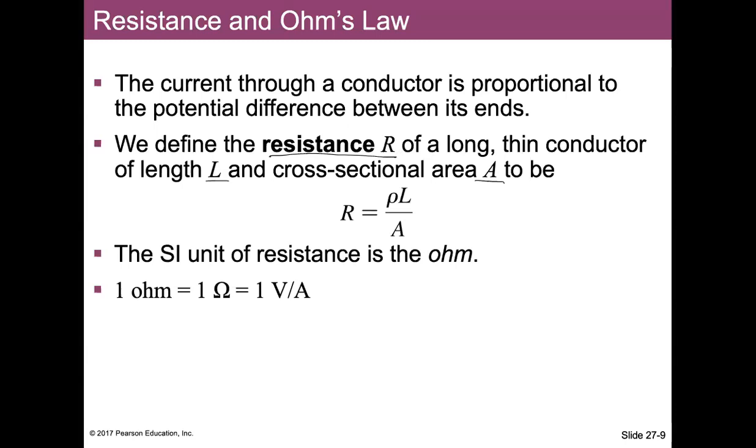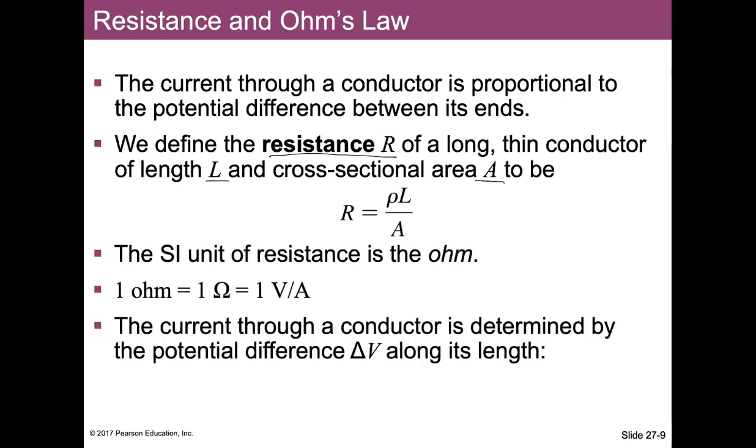We can see that because the current through a conductor is determined by the potential difference delta V along its length. So I equals delta V over R, and this is called Ohm's law. As I've said before, I like to write this as delta V equals I times R. And I remember that by saying V, I, R. That's how we remember Ohm's law.